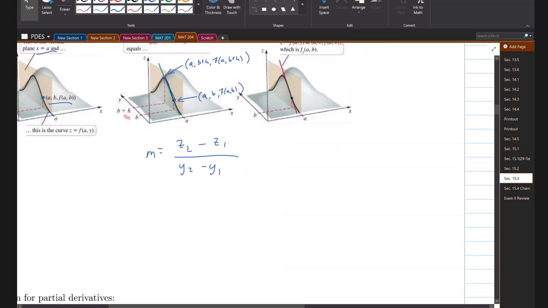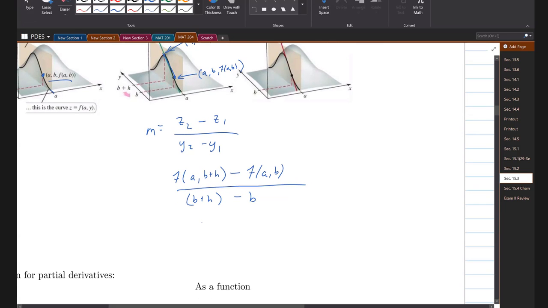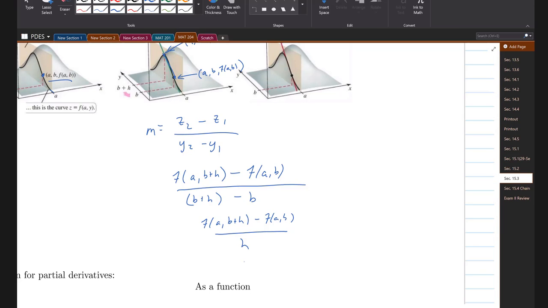And so the slope of that secant line would be f of a comma b plus h minus f of a comma b all over b plus h minus b, which I'll rewrite one more time as f of a comma b plus h minus f of a b all over h. This is still the slope of that secant line, as Xavier was saying before.